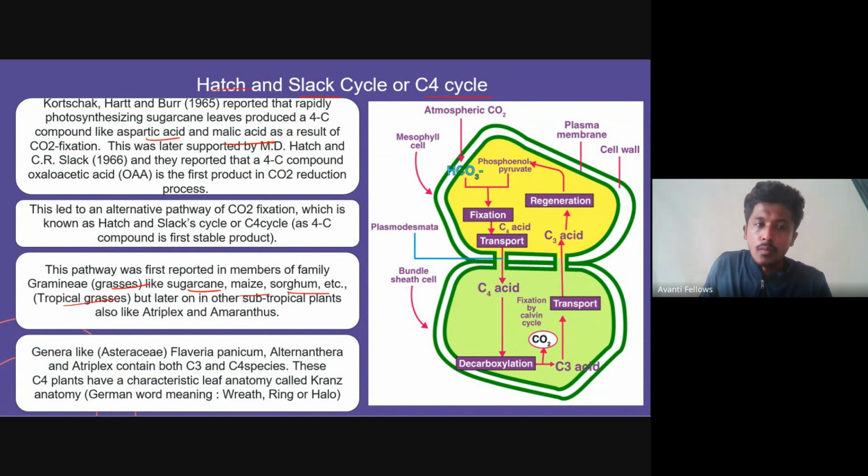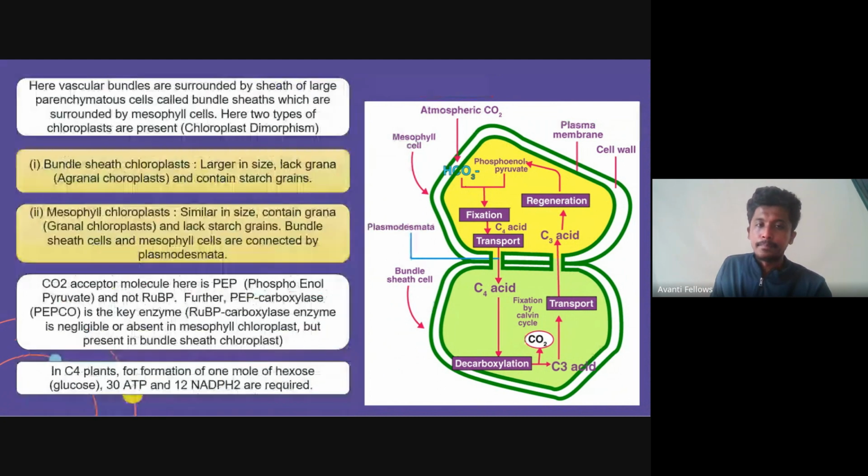These species have Kranz anatomy. They have vascular bundles, and around the vascular bundles you have a ring-like arrangement of bundle sheath cells which are very tightly arranged. These bundle sheath cells have very thick walls, they're impermeable to gases, they don't have intercellular spaces, and they have very dense cytoplasm.